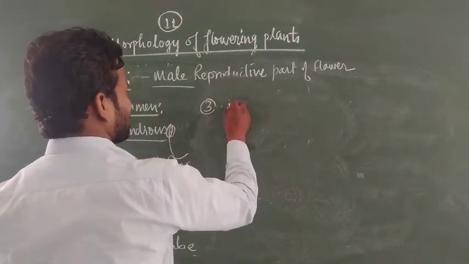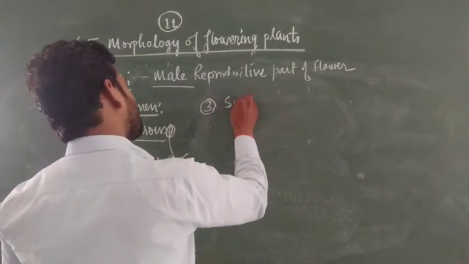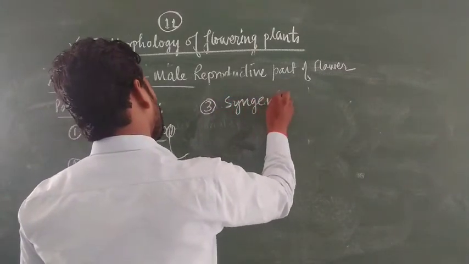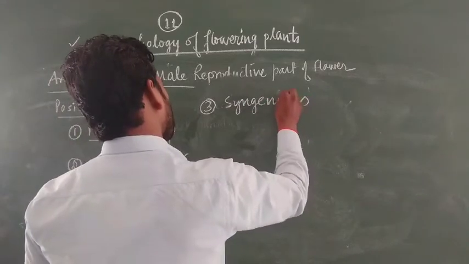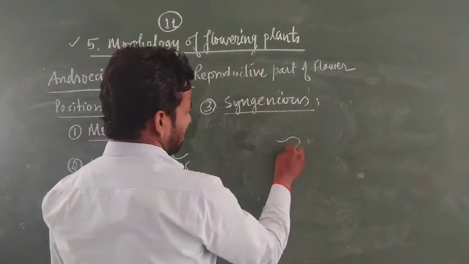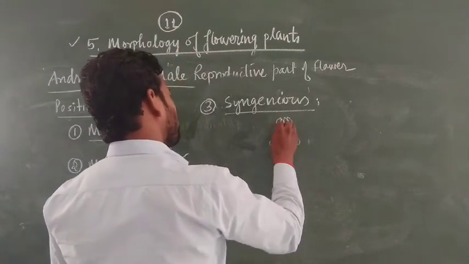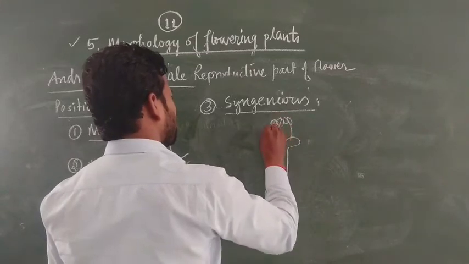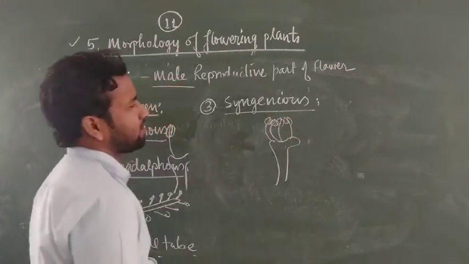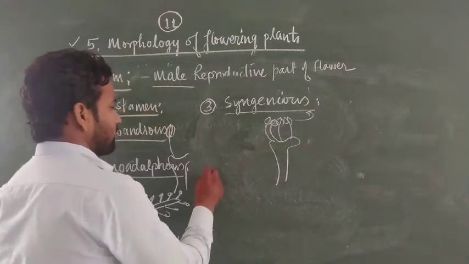Not diadelphous, it is also called the syngenesious condition. Here a flower bears numerous stamens, but all the anthers are fused at the tip. This situation occurs in the syngenesious condition.